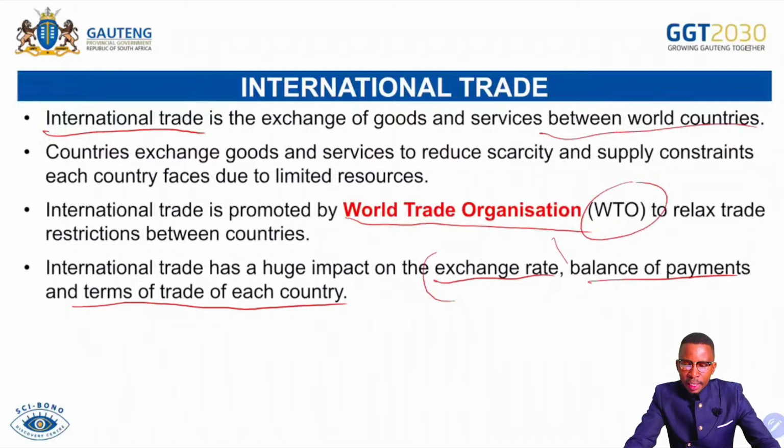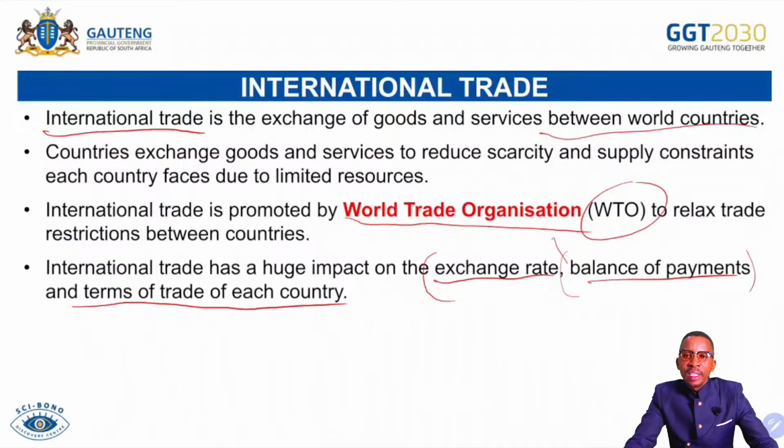But to be clear on the balance of payments, it also has an impact, because that's when we compare the inflow of foreign currencies with the outflow of domestic currency to the different countries of the world. Should South Africa have less inflow of foreign currencies than domestic currency flowing out, that will lead to a deficit in the balance of payments, because our money will be flowing out more than the money we receive, which is bad for the economy.